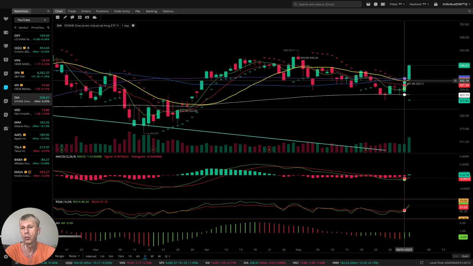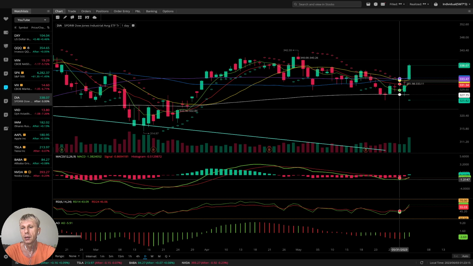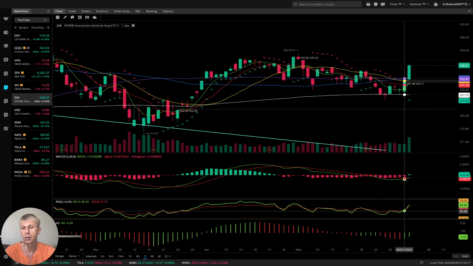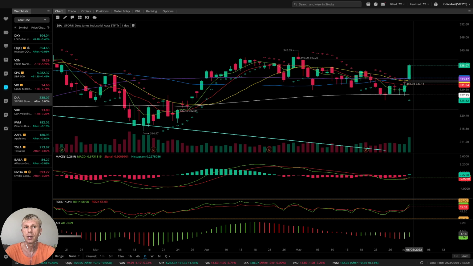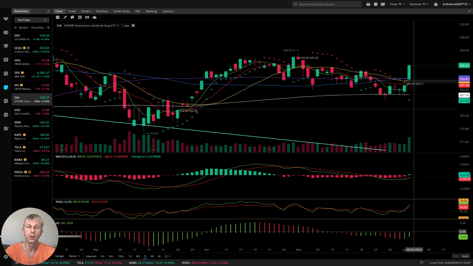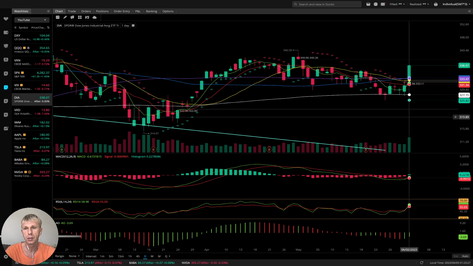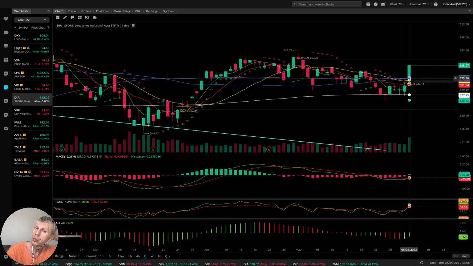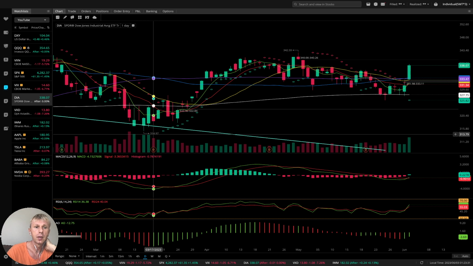It is bullish position now. MACD did bullish crossover, green line. RSI did bullish crossover, bullish position, bullish signal on daily time frame for S&P 500. I'm sorry, for Dow Jones. I'm talking about Dow Jones. For Dow Jones, bullish position, bullish signal.